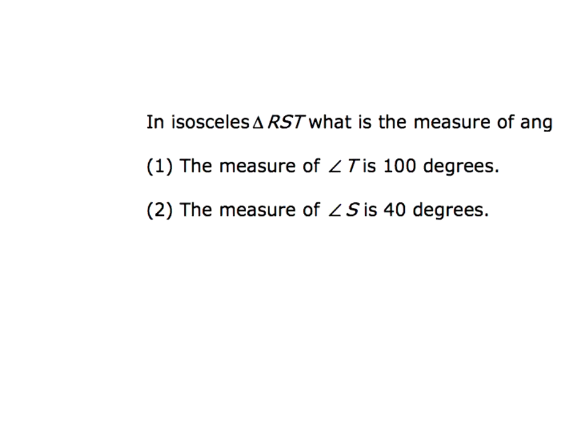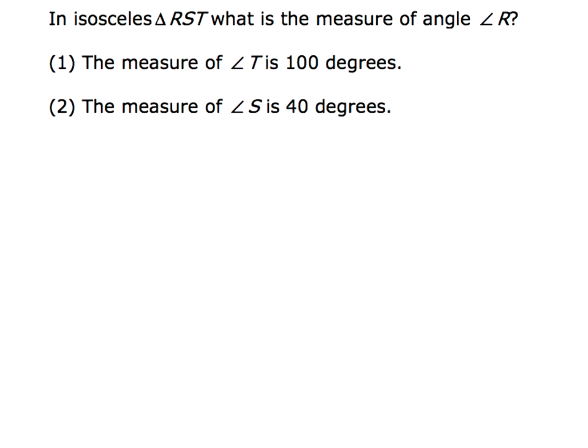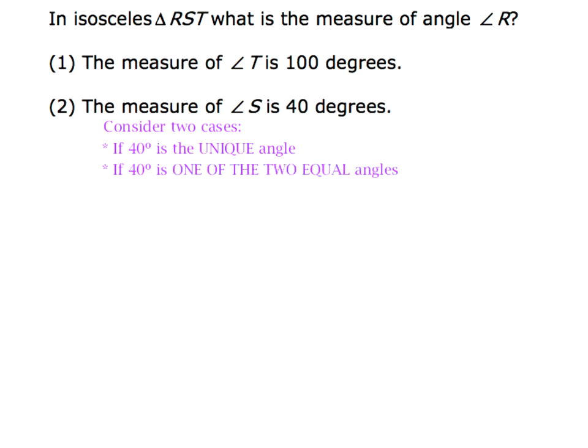See, that's a different animal because 40 degrees is not this thing that can only exist one time. You have to consider two cases here. The first is the case in which 40 degrees is the unique angle, but then you also have to consider if 40 degrees is one of the two equal angles.